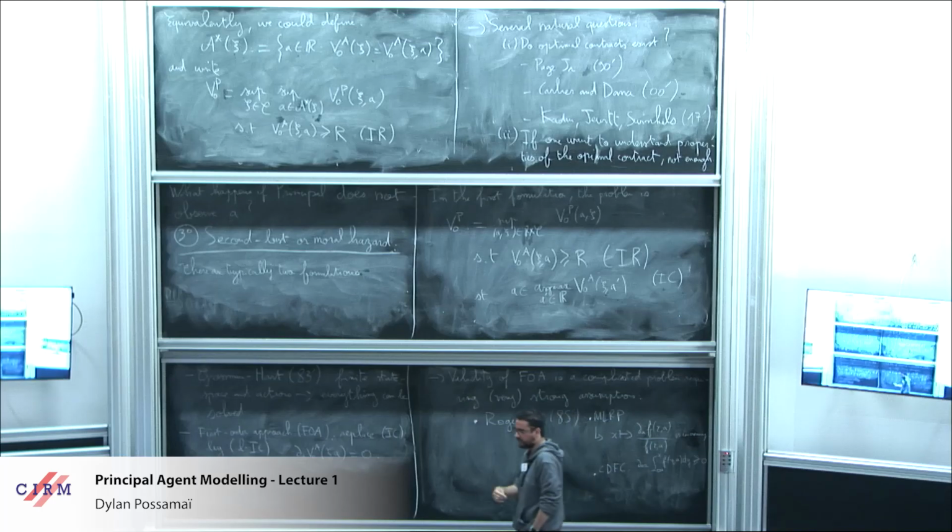So this should be a convex function. That one is a bad assumption. There are not many distributions out there that satisfy this. There is one paper by Dispasi and someone else, I don't remember the name, where they actually give a list of distributions that satisfy those things. But the Gaussian density doesn't satisfy that, for instance. So if you have those two conditions, then the first-order approach is valid.